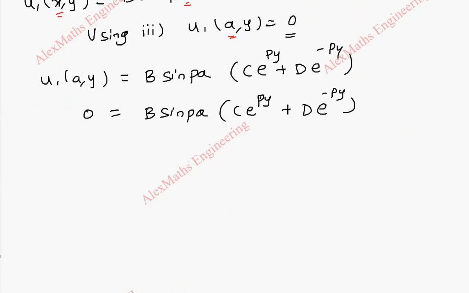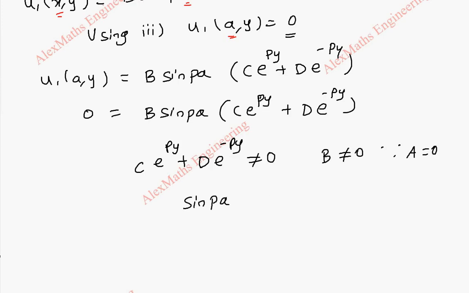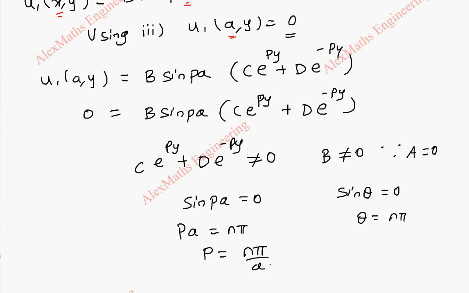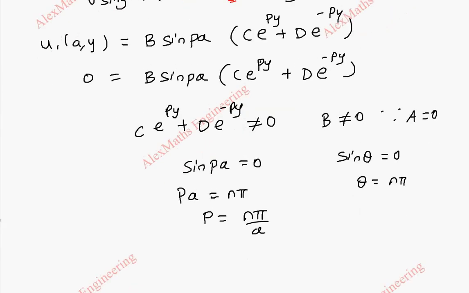Now already we discussed c e power py plus d e power minus py is not 0, and again b cannot be 0 since a was already 0, because in one solution both constants cannot be 0. Therefore sin pa must be 0. When sin theta equals 0, theta is equal to n pi. So pa equal to n pi. So p is equal to n pi by a.